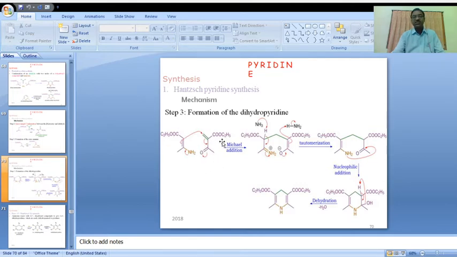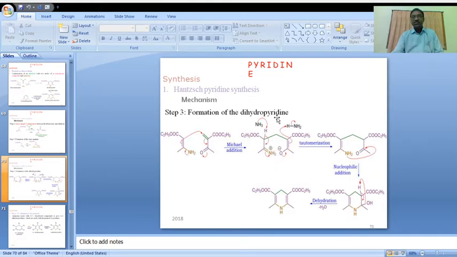Here, the pair of electrons on the nitrogen atom donates to this side, the pi bond cleaves and bonds with the unsaturated carbon. This pi bond cleaves, and oxygen becomes negative after breakage of the pi bond, and the nitrogen atom gets a positive charge.